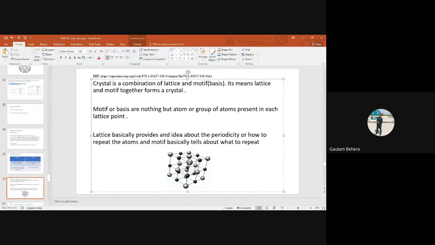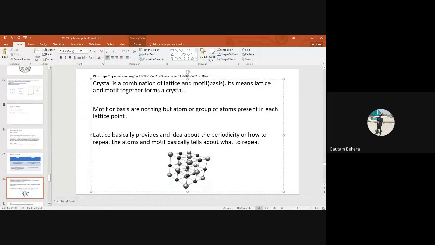Now, if I remove all the sodium and chlorine from this geometry, what will be left behind? Simple cube. Lattice. Lattice. Obviously, because only points will be there, and those are imaginary points, right? So you will be left with only points, which are arranged in three dimensions. There is a periodic arrangement of points in three dimensions, that is a lattice.